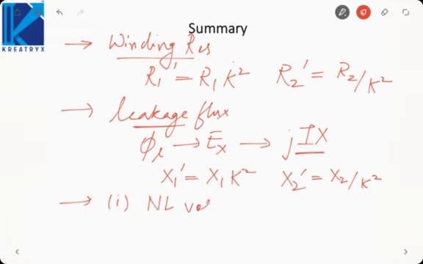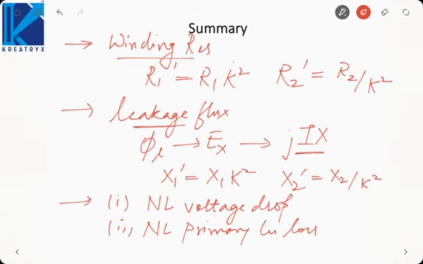No load voltage drop we neglected, then no load primary copper loss we neglected, then last, overestimated IW and I mu, that is overestimating the core losses. So those are the approximations that we make if we shift the shunt branch from the EMF to the terminal voltage side. So that is the equivalent circuit of the transformer.